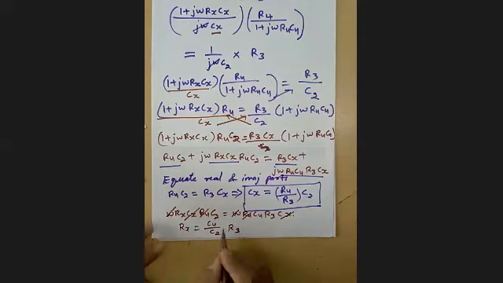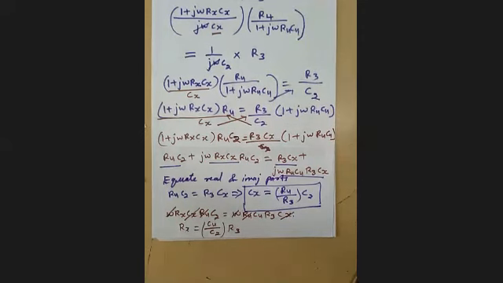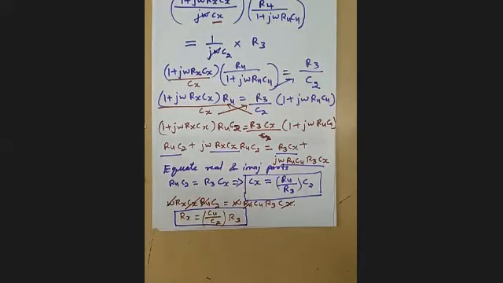Now you can see this is also a very simple expression for the calculation of the internal resistance of the capacitor. So this is the advantage of the Schering bridge: the unknown capacitance and resistance can be measured with very easy expressions.